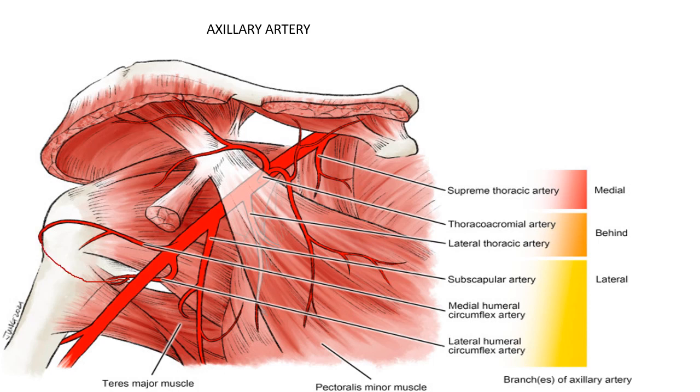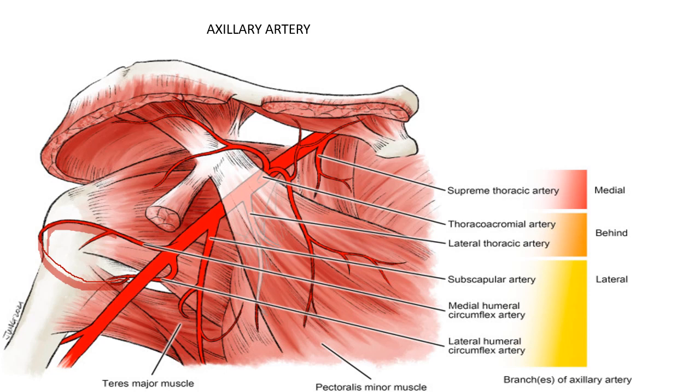So they go round. That's why they're known as circumflex, because they are rounding up the surgical neck of the humerus like that. Okay, so you have the posterior and the anterior humeral circumflex arteries and the subscapular artery. So these are the three branches of the third part of the axillary artery.